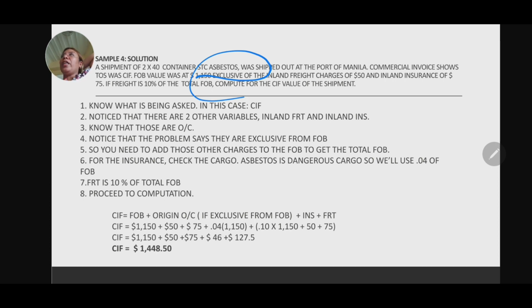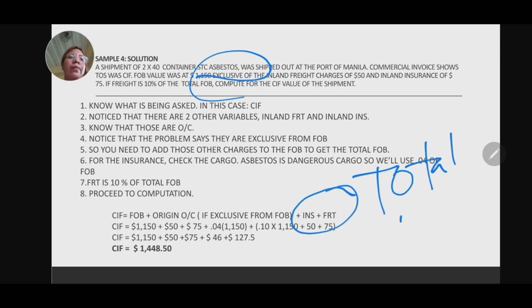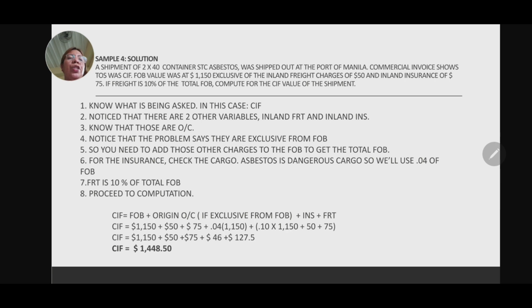And guys, take note that your insurance and your freight should be based on the total FOB. So we are not going to base your freight and your insurance on the FOB, which is 1,150. We need to base them on the total FOB, which is 1,150 plus 50 plus 75, which is 1,275.